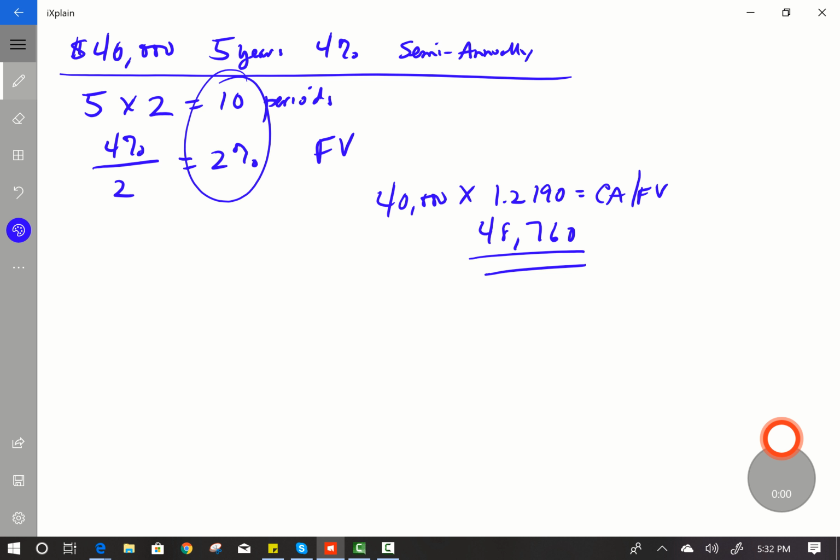Okay, let's go ahead and take a look at number 2. Joe Beery wants to attend Riverside College. 8 years from today, he will need $50,000. Okay.